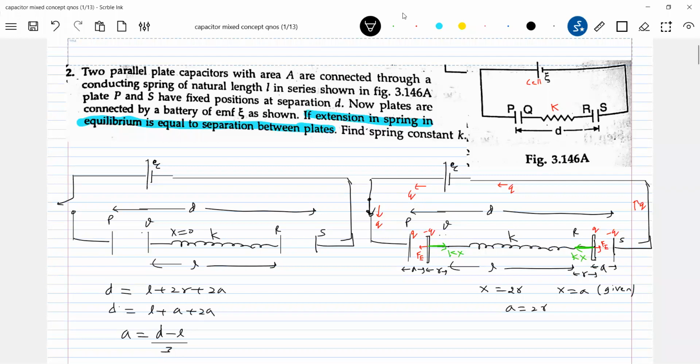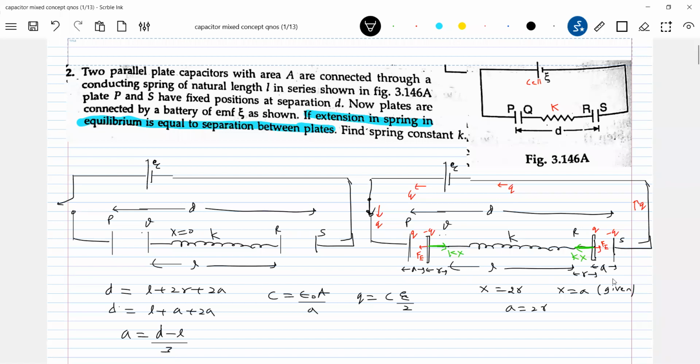What is the capacitance of each capacitor now? C is equal to epsilon naught A by d, you write it. Then what is the charge deposited? C into E by 2. Why E by 2? Because they are in series and have the same capacitance.